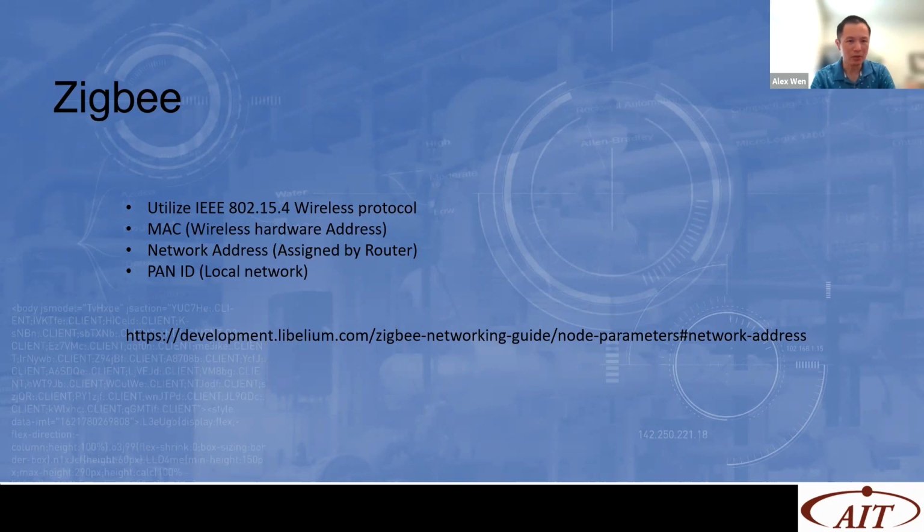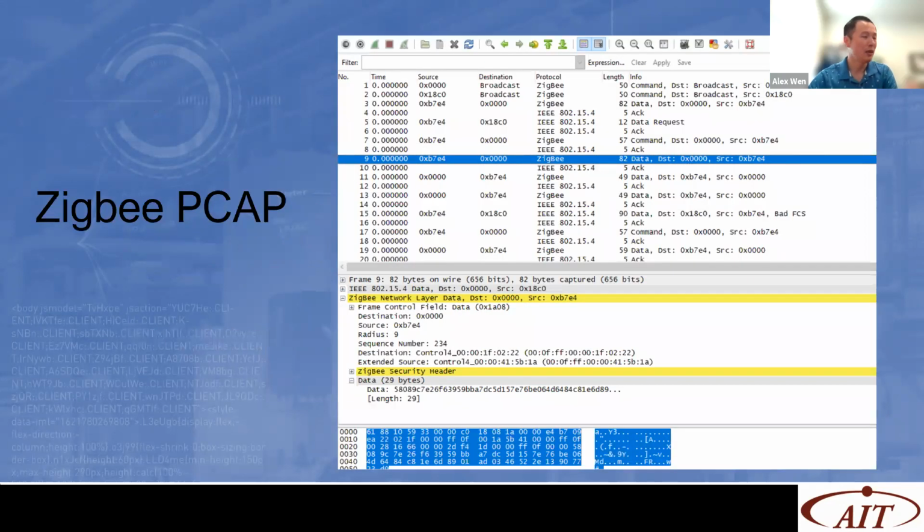They also still use a form of a MAC address, a network address, and a PAN ID, which is the local network that the wireless device would only talk to. So it doesn't try to talk to a different network, because everything's on wireless.